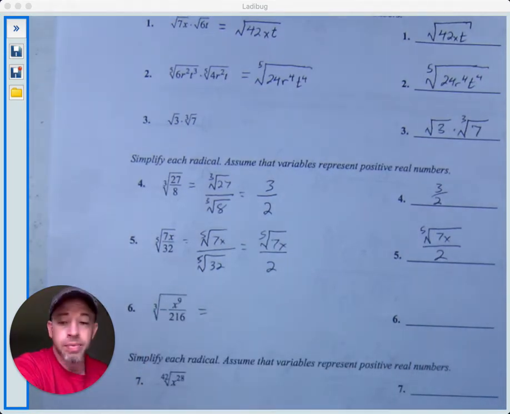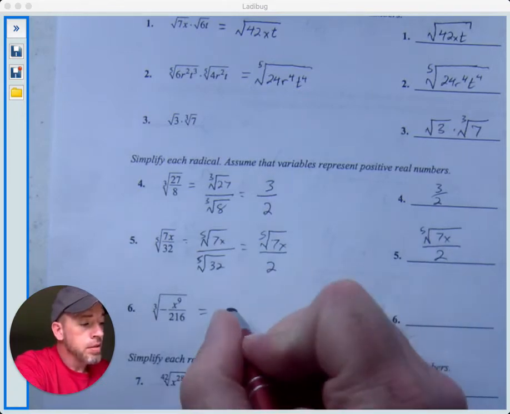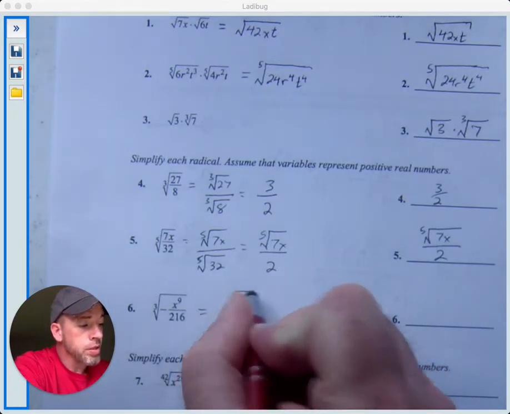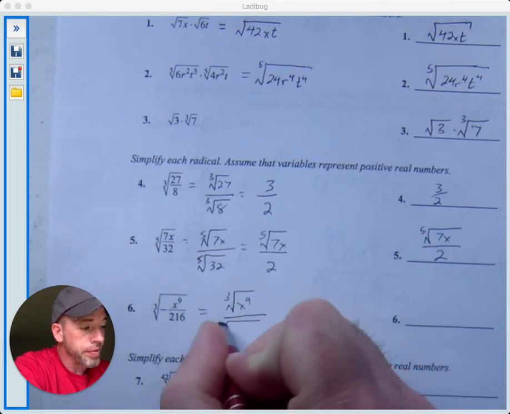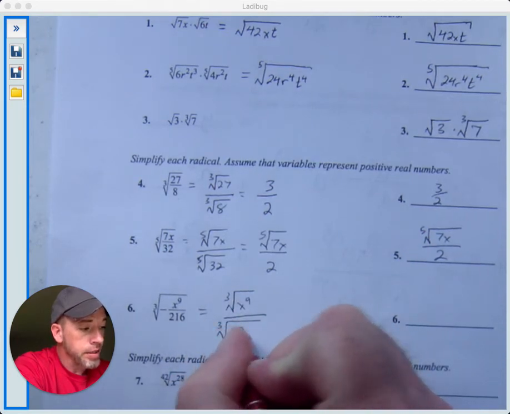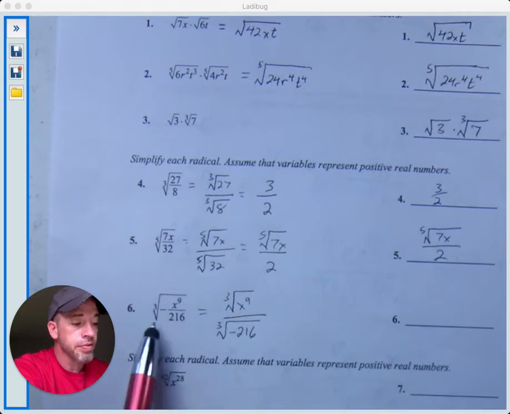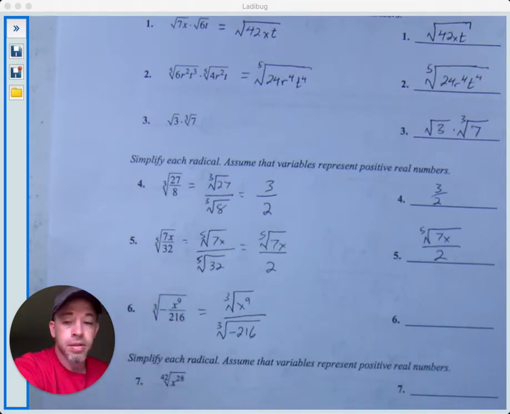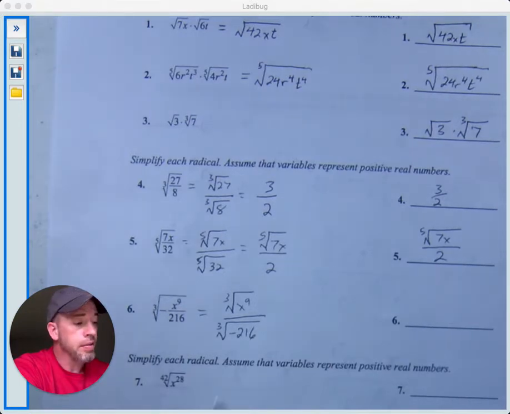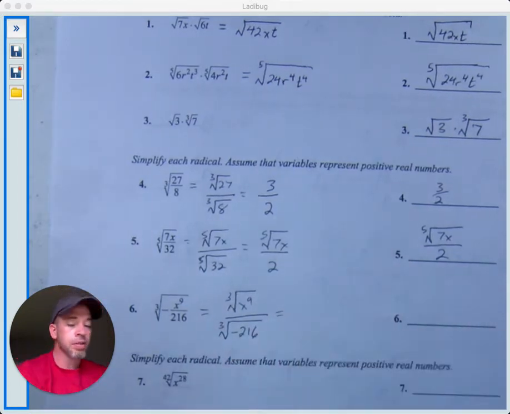Maybe I'll put it with the bottom since it's a number, it might be easier. So we could write this as the cube root of x to the 9th over the cube root of negative 216. Again, when the negative is in front of the fraction bar, I could put the negative at the top or the bottom. It does not matter. Or you could leave the negative out front here if you liked. But let's do this problem then.